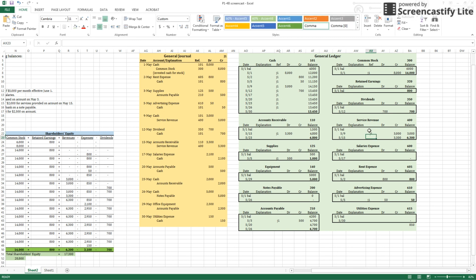And we need to make sure that we have our references in there so that we know this was taken care of. Our salaries expense goes to account 600, and we debit that for $2,100. And that was a decrease in cash of $2,100.